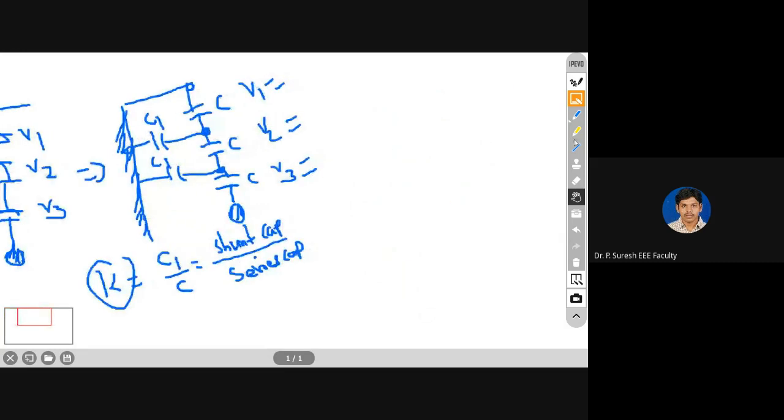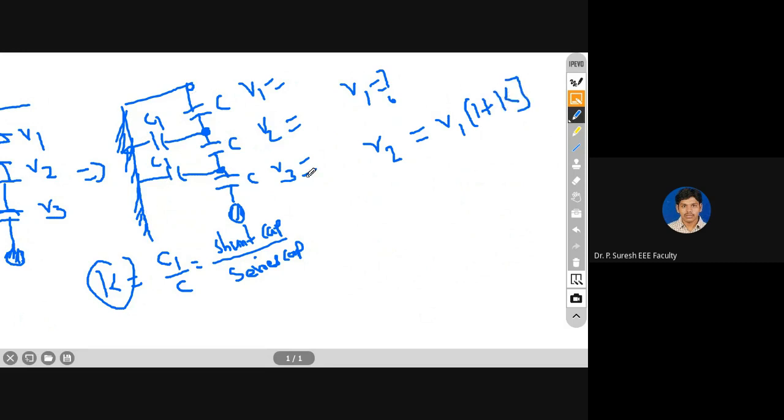Assume V1 is some value. The relation between V2 and V1 is V2 equals V1 into 1 plus K. There is a derivation, but this derivation is lengthy, that's why I'm directly telling the formulas. V2 equals V1 into 1 plus K, and V3 equals V1 into 1 plus 3K plus K square.